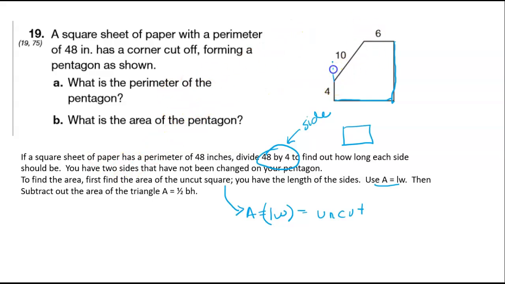So here is your triangle. And if my side is 12, then this height is 8, and this is 6. So you can find the area of this triangle, 1/2 base times height. This is my height, this is my base. And you can subtract that out of your uncut area.